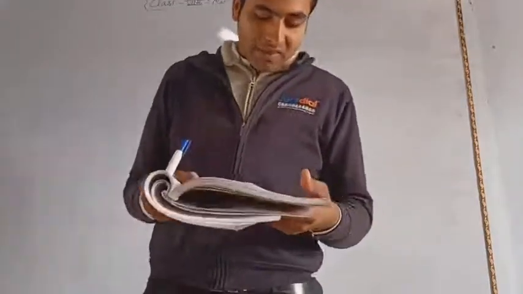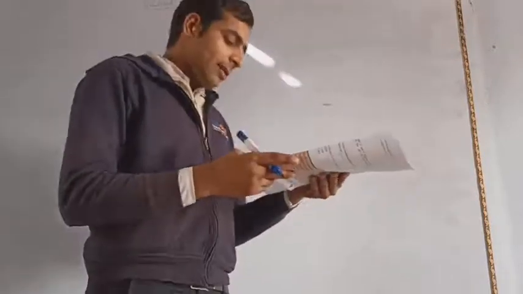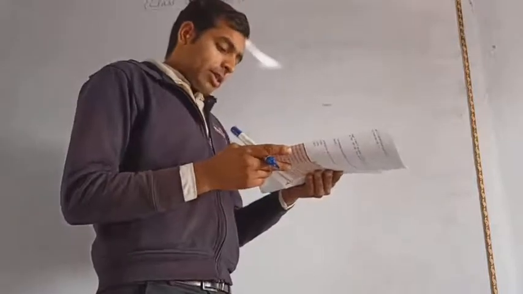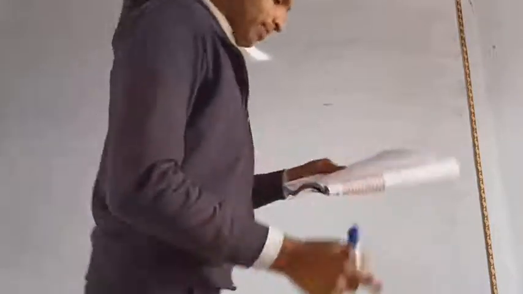Another question of this exercise, problem number 5: in the adjacent figure, PQ is equal to PR, given, and MQ is equal to MR. Prove that angle PQM is equal to angle PRM.